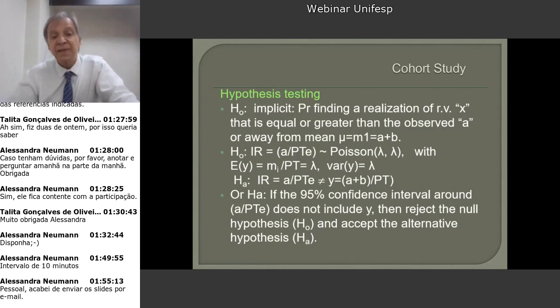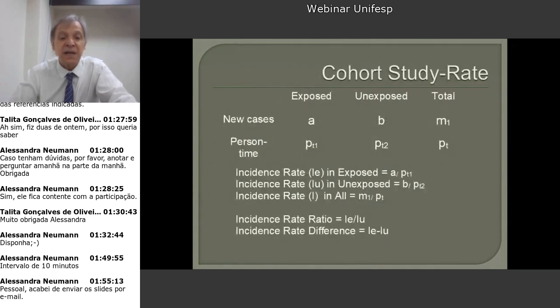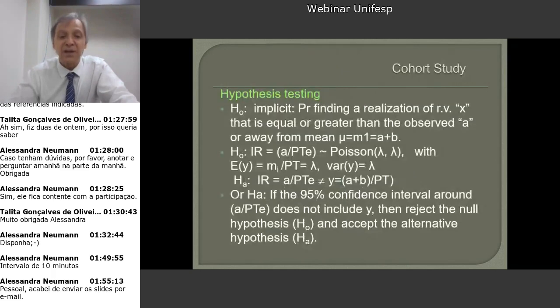So the incidence rate follows the Poisson distribution, and I'm measuring all of that directly with A over PT1, which is different from M1 over PT. So that already is evidence. If A over PT1 is very different from M1 over PT1, that is evidence that something's going on. I'm violating the null hypothesis.